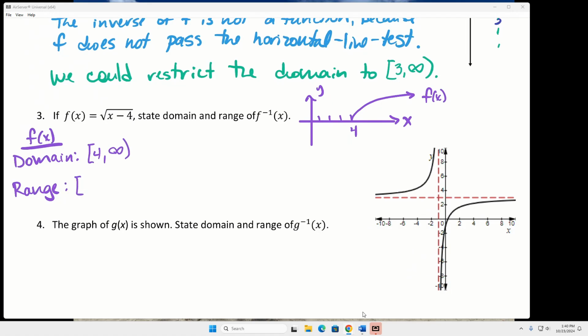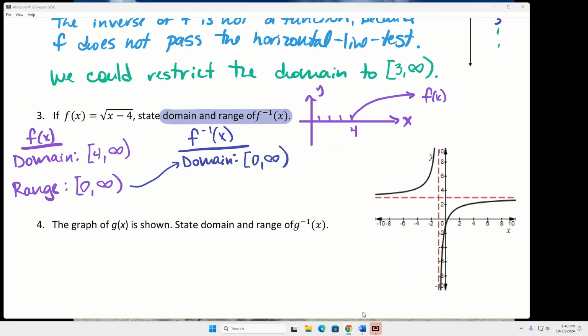What about the smallest y, where you have something graphed? 0. And it's going to keep going up forever to infinity. Okay, that is not the answer to the question, but we're close. So we want to find the domain and range of the inverse. But it's super easy. Like, we've done the hard stuff. So all we have to do is just switch. And that's it.